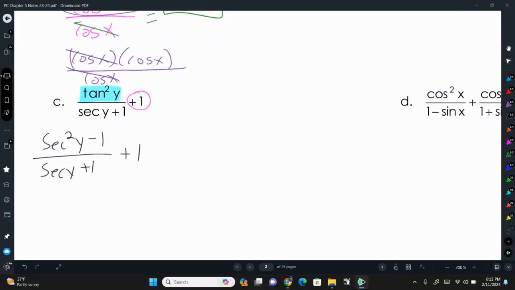Now secant squared y minus 1 is actually a difference of squares. Remember, the difference of squares is this formula right here.